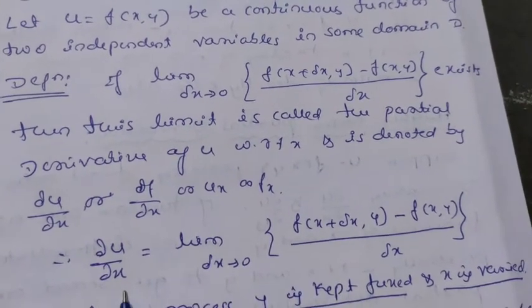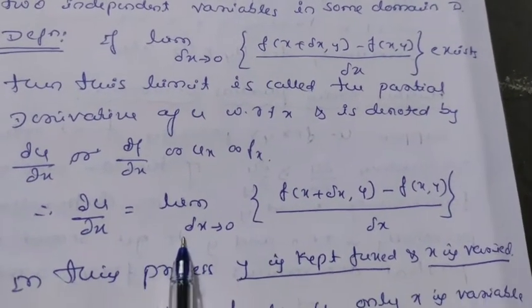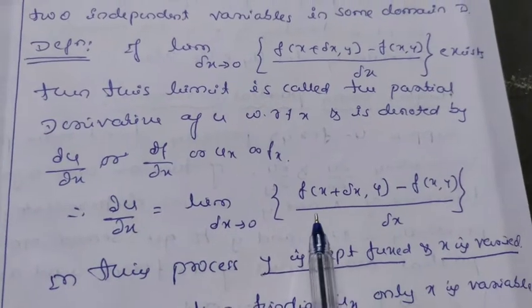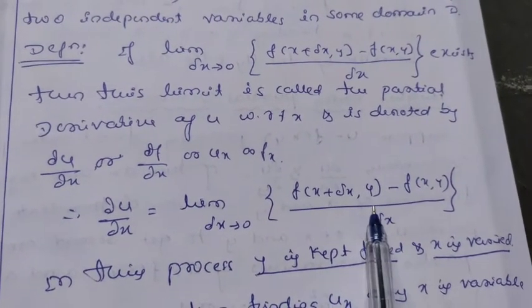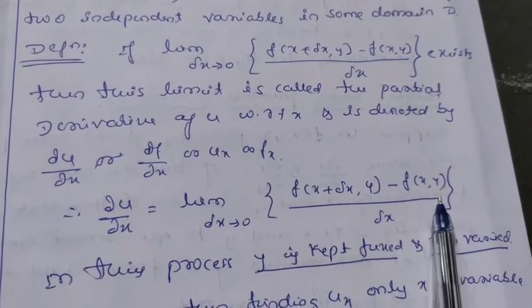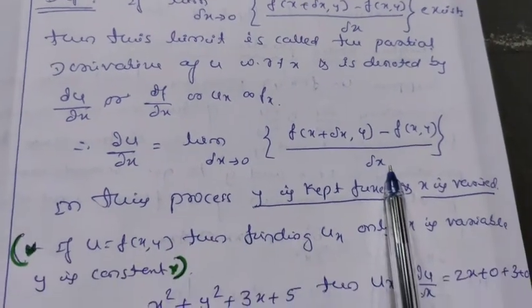So that is ∂u/∂x equals limit as delta x tends to 0, f of x plus delta x comma y minus f of x comma y divided by delta x.